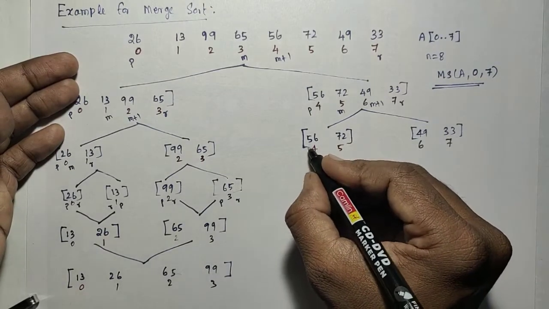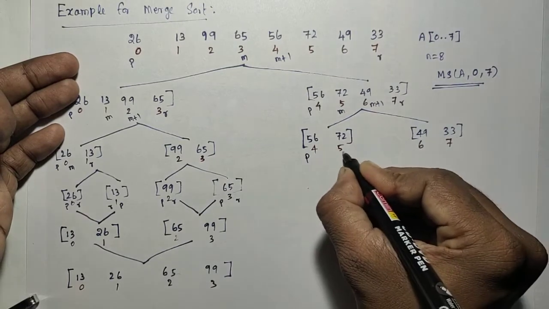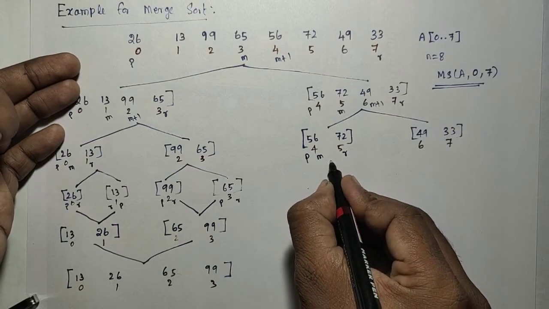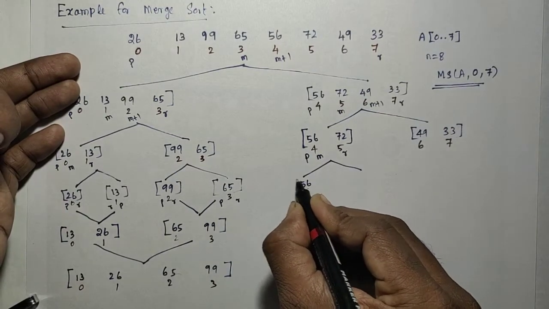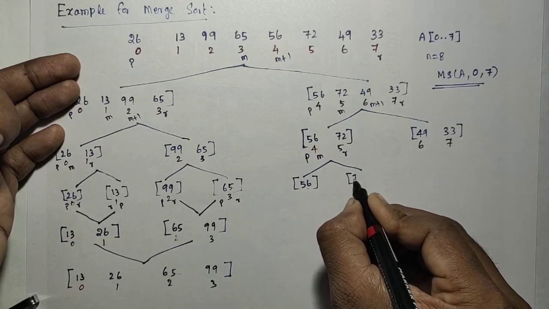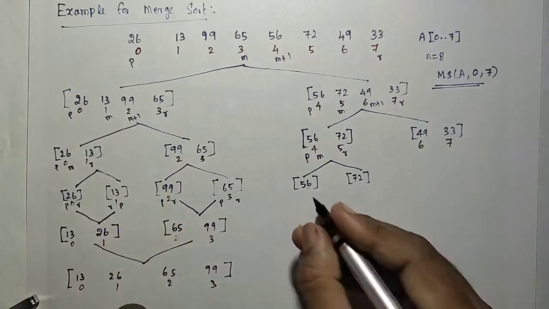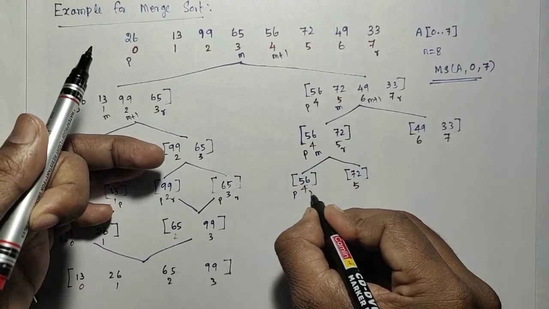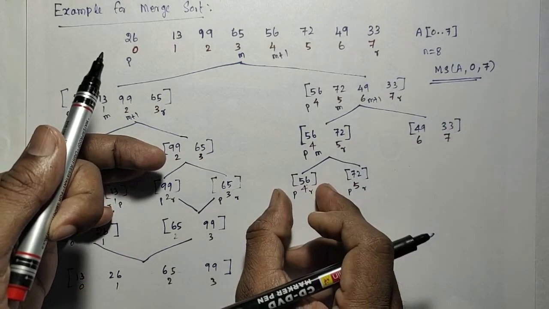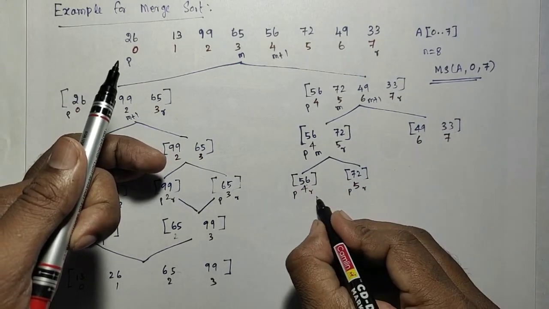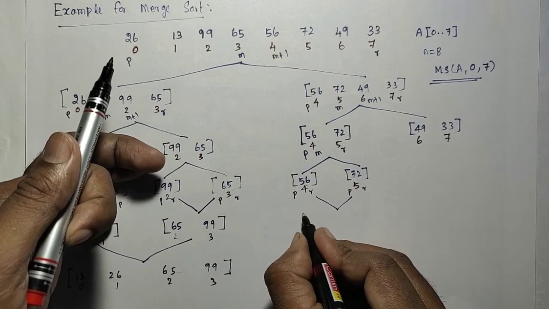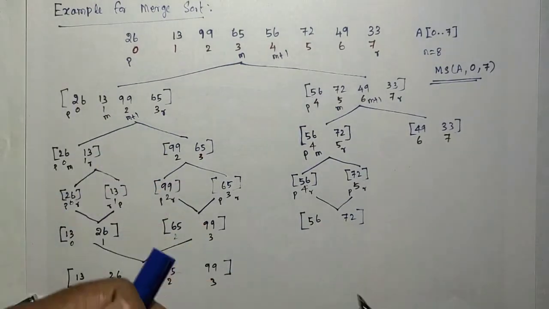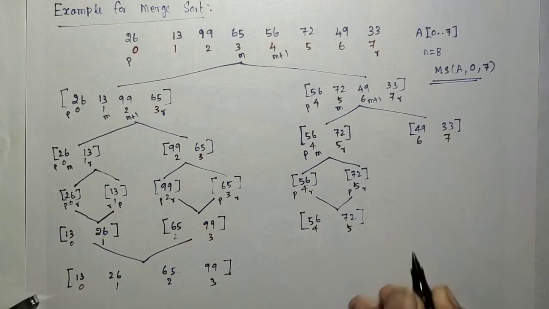So P to M, and M plus 1 to R, it will be split into 56 alone and 72 alone, with indexes 4 and 5. Here P and R will be the same, so it will not do anything. After that it will get merged together, so that we get 56 and 72, so this half is sorted, 4 and 5.